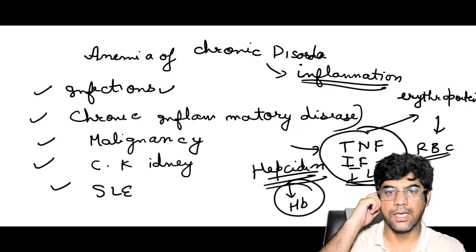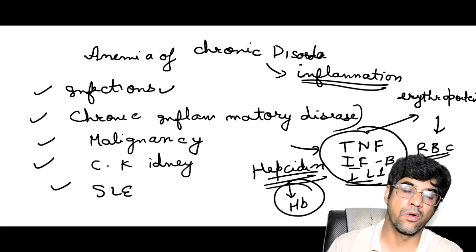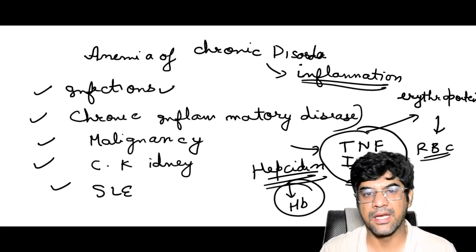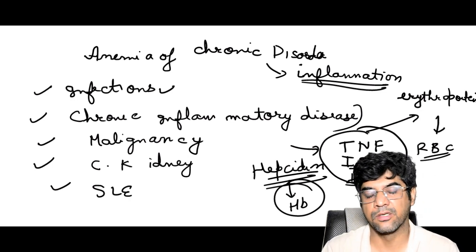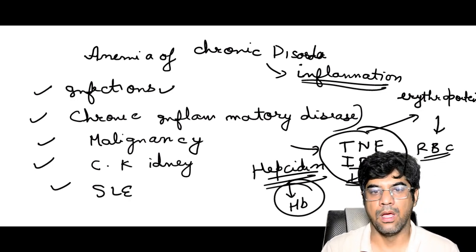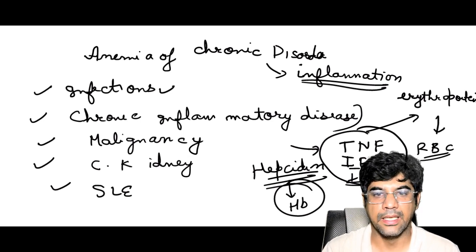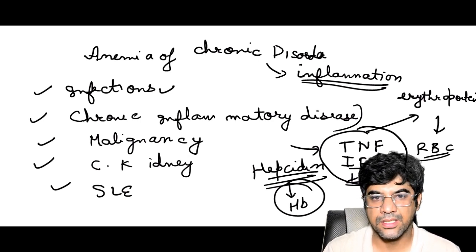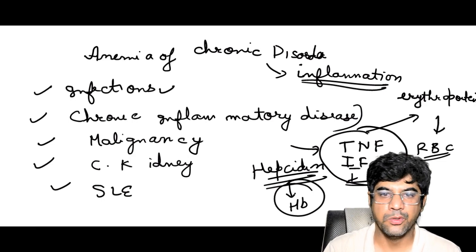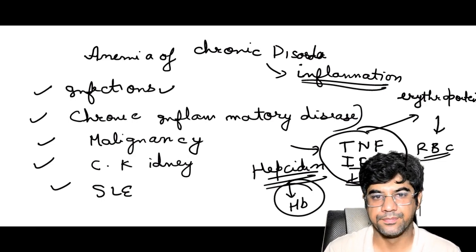Now, chronic diseases, especially the chronic renal diseases, can reduce the lifespan of the circulating RBCs. How? By increasing the destruction, and that would reduce their lifespan.